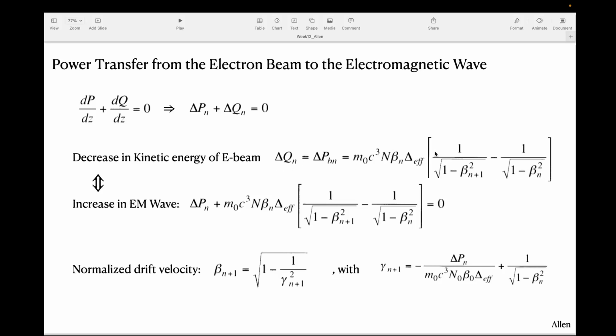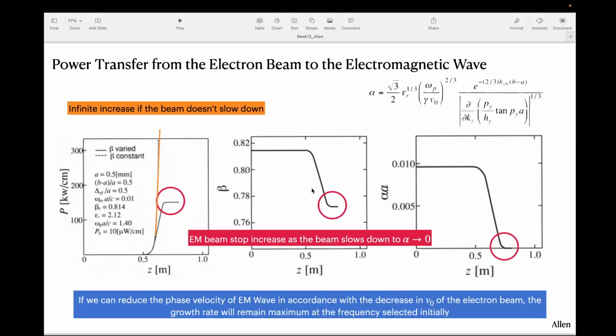And this is just the plus minus sign. So, of course, the increase in the EM wave plus the decrease of the electron beam goes to 0. And from this relationship, we can get the normalized drift velocity for the n plus 1 segment, where gamma n plus 1 is expressed here.